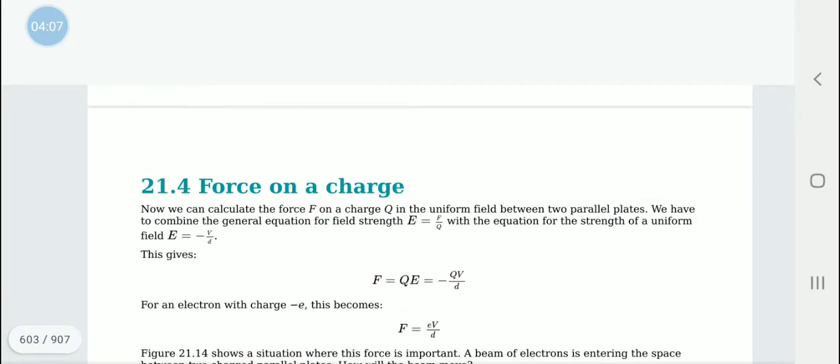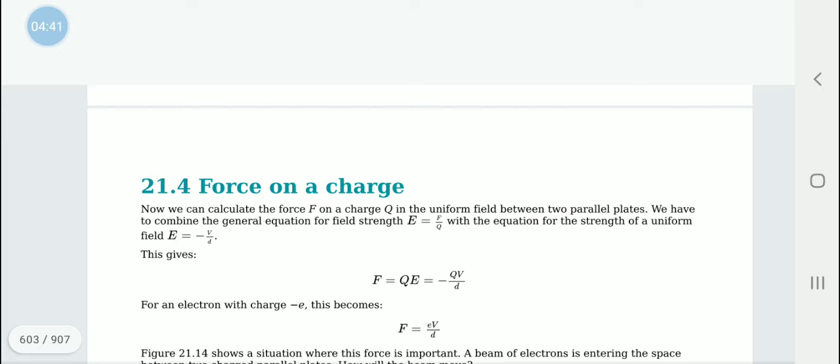Write down the note: force on a charge. The force F on a charge Q in a uniform field between two parallel plates can be calculated by combining the two equations for field strength.